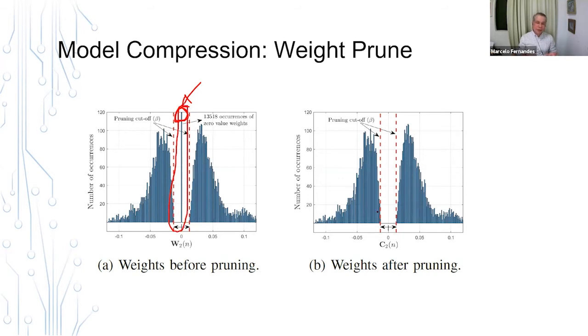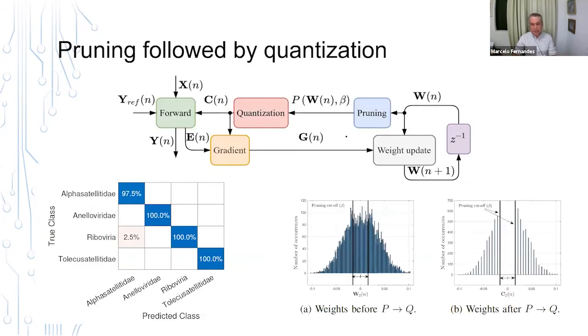It's interesting because this strategy creates two distributions. Before we had one Gaussian distribution, and now we have two Gaussian distributions, outside the pruning cutoff.